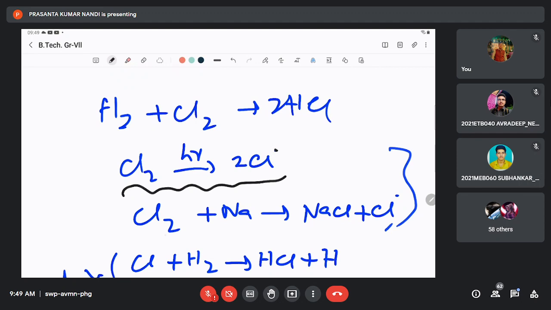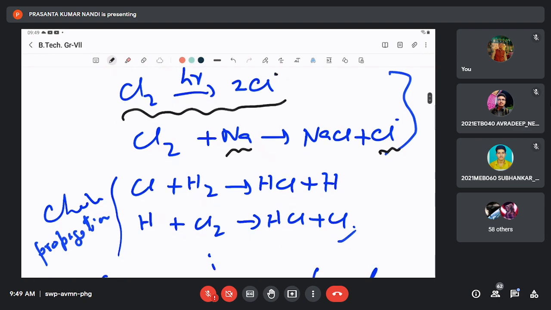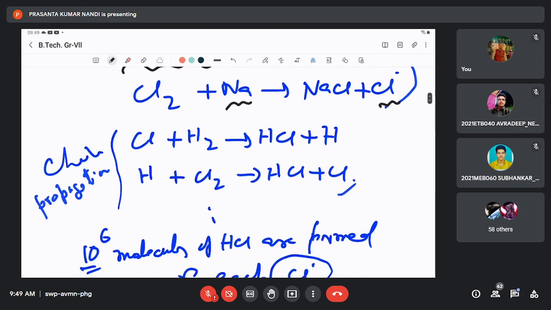Or this chlorine molecule may react with sodium vapor to generate chlorine radical in the gas phase. And naturally, the other remaining reaction sequence that I have not shown here, that is the chain mechanism that we have just shown for hydrogen and bromine reactions, exactly follows the same set of mechanism.